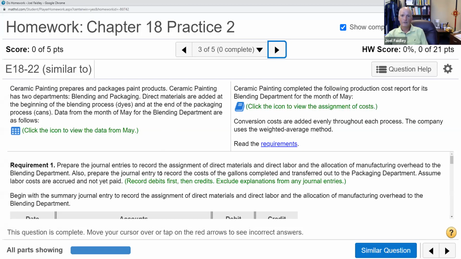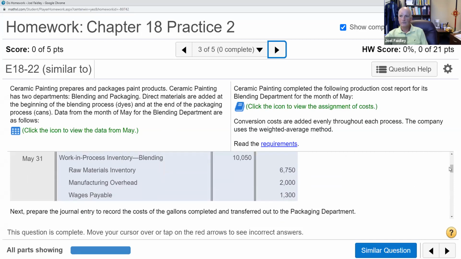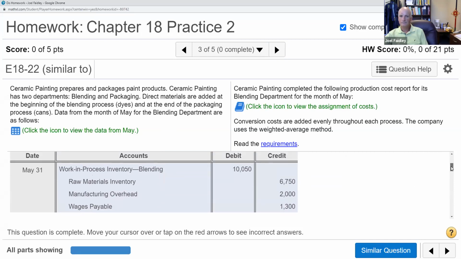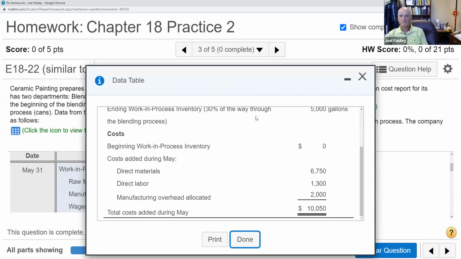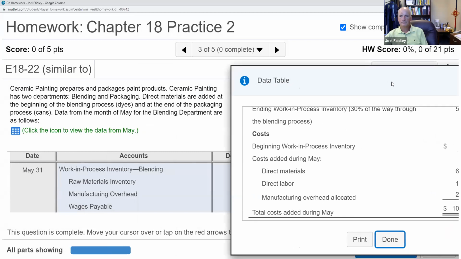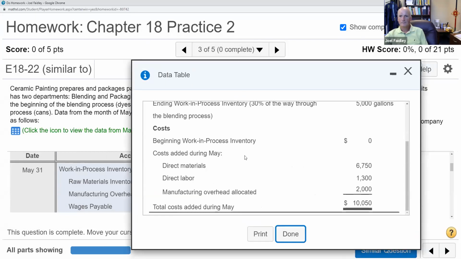All right, number 3. Here we're making some journal entries as well. What you have here is your direct materials, your direct labor and overhead added during May.